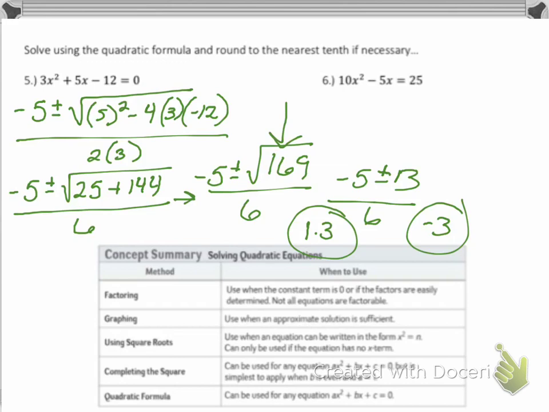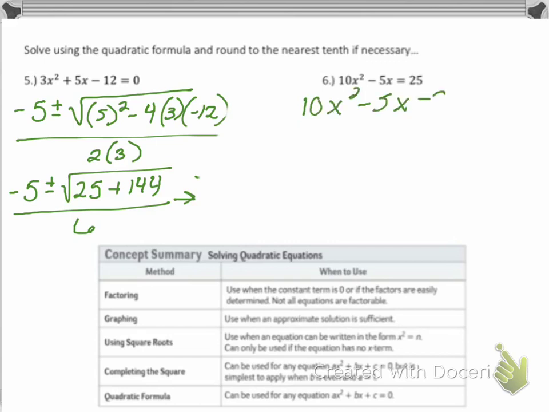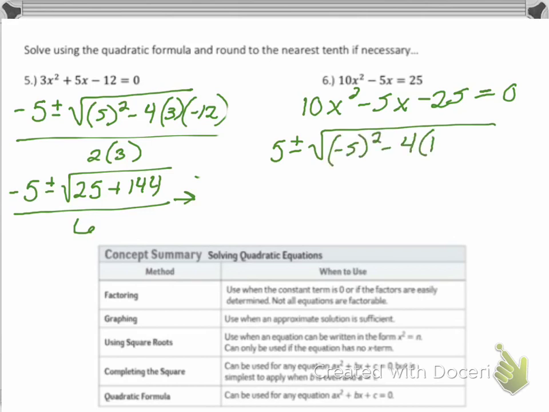So then number 6, and because I kind of ran into this number 6's spot, I'm going to kind of erase my answer here. So number 6 is interesting because not only is it not in standard form, so I'd start with moving that into standard form. But let's see how this one works out. So I would do the opposite of b, which is +5, plus or minus b squared, minus 4 times my a times my c, all over 2a, which is 2 times 10.